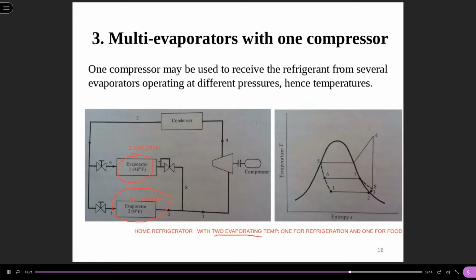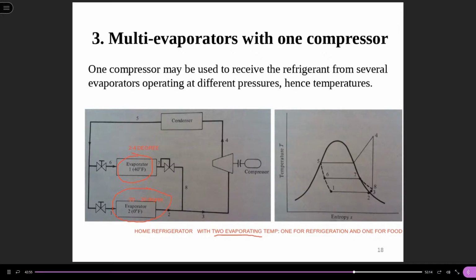So if there are different expected evaporating temperatures, we need different evaporators with different evaporating temperatures. For example, in our home refrigerator, we provide a lower temperature for freezing food, and also the compartment for food storage with a space temperature of 2 to 4 degrees Celsius.